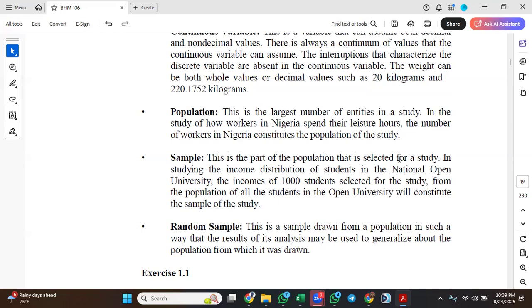If you carry it out on 100, this is what happens. The 1,000 primary schools in Nigeria is our population, number one. The 100 that we selected for our study, our observation, is called sample. Each pupil that we work on is called entity. I hope you get the difference now.